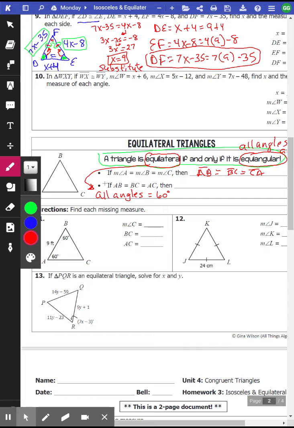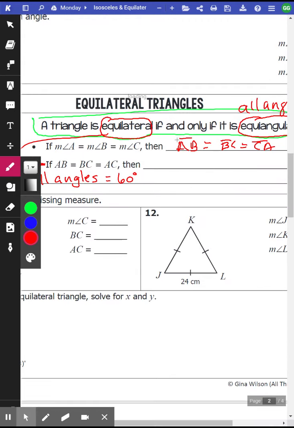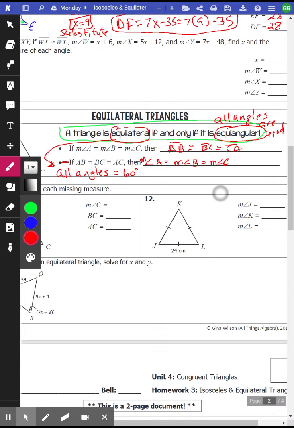If all three sides are equal, then all three angles are equal. The measure of angle A is equal to the measure of angle B is equal to the measure of angle C. All angles are 60 degrees in an equilateral triangle.